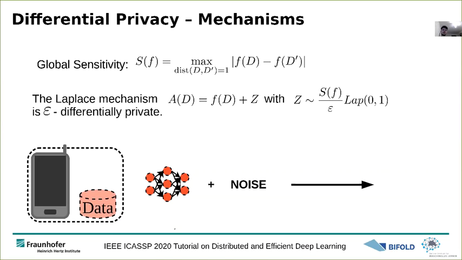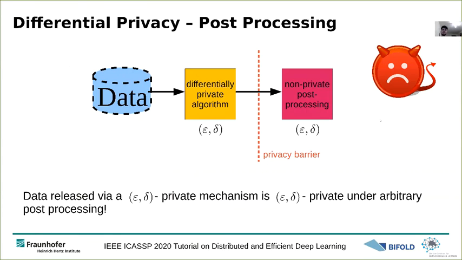So in federated learning, this means instead of directly sending the parameter updates up to the server, you add some noise first and then send it to the server. Very, very simple idea here. And what's nice about differential privacy is that it comes with some really nice properties.